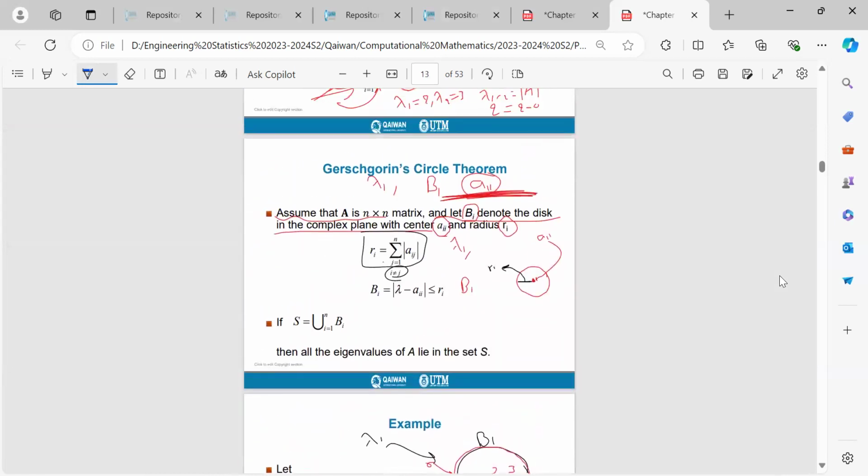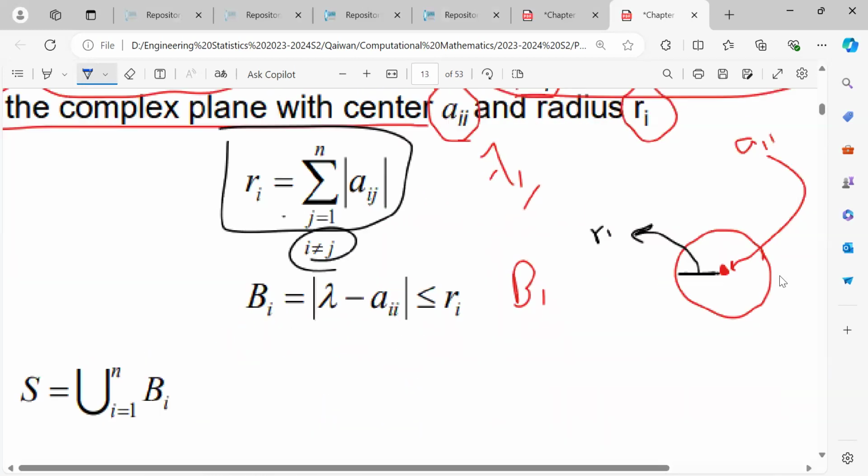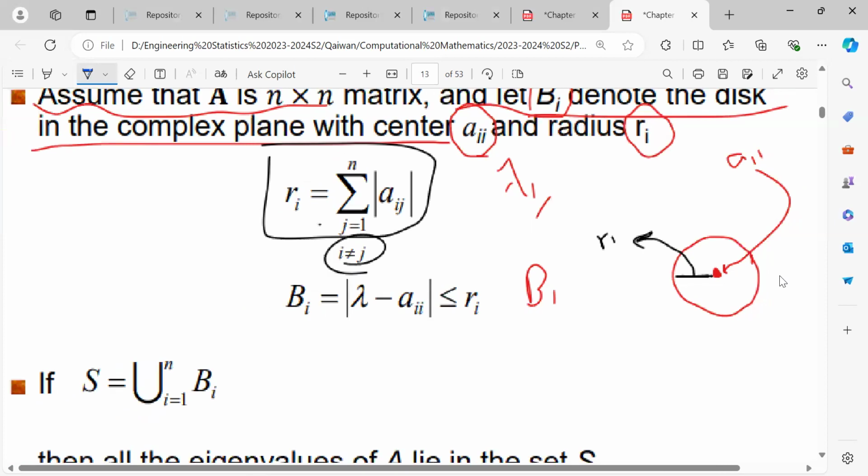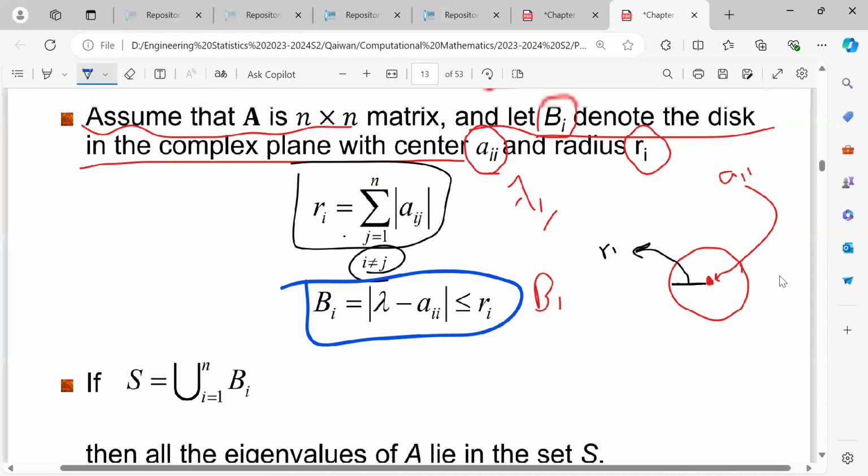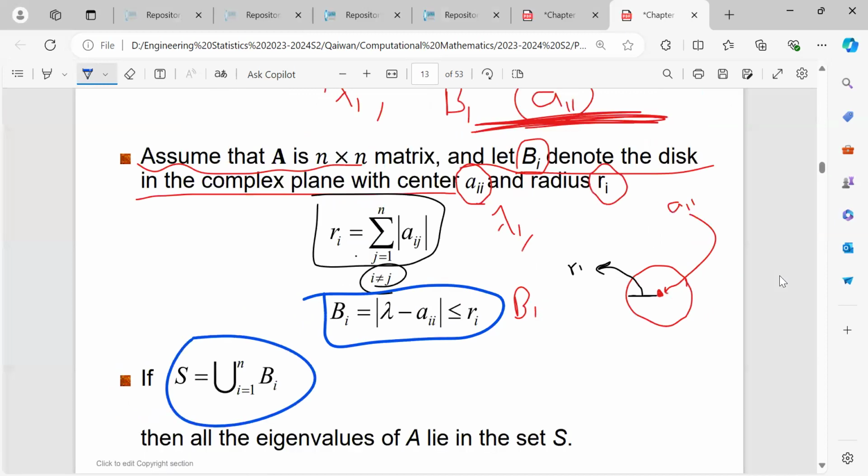Okay, this is how to find them. That's it. Here it is the circle. S is the region for the eigenvalues of a matrix. It's the union of all regions. Okay?